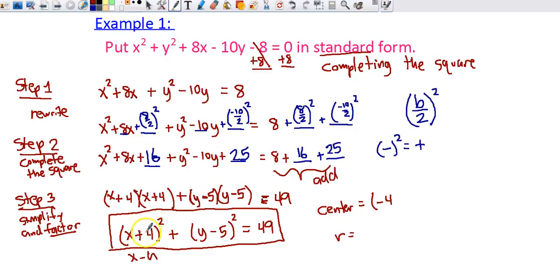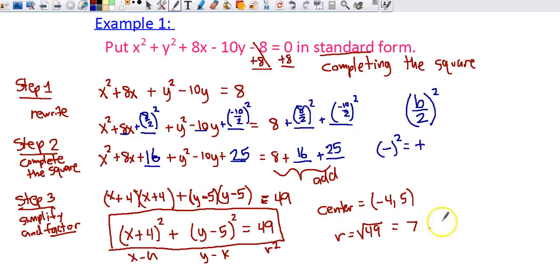Always change the sign of what's in here to get from the equation to the center. This is y minus k, and since that's already a negative, k will be 5. So negative turned to positive. Remember that this is r squared. So since r squared is 49, r is the square root of 49, which is 7.